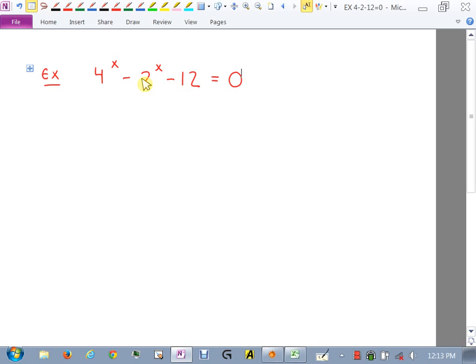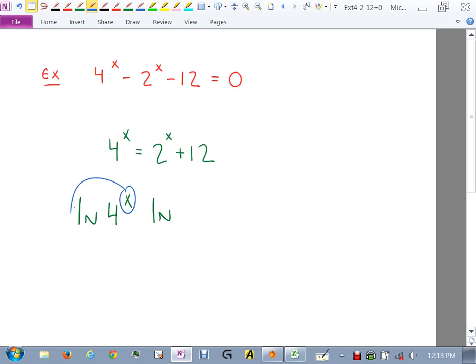If I try and do log on both sides, just watch what would happen. Don't write this down. Let's say I try and move the 2 to the x and the 12 to the other side. Okay, so let's say I move those 2 over, and then I try and come in with natural log. On the left side, I'll be able to pop that x out, right? But on the right side, aren't I going to have 2 to the x plus 12?